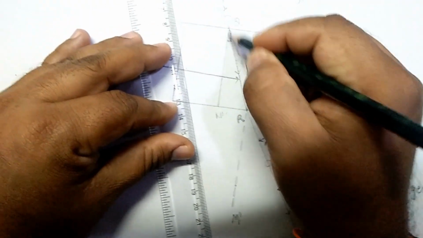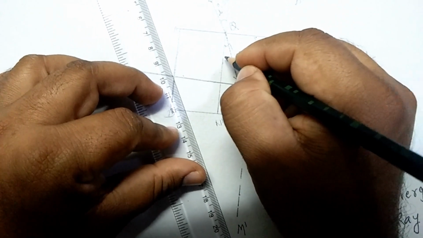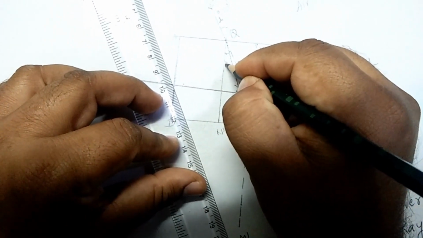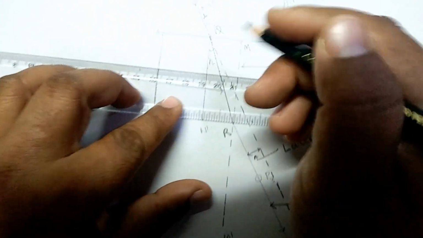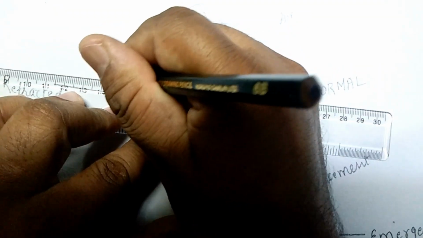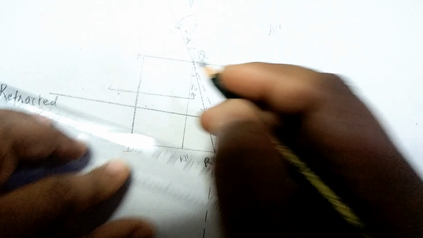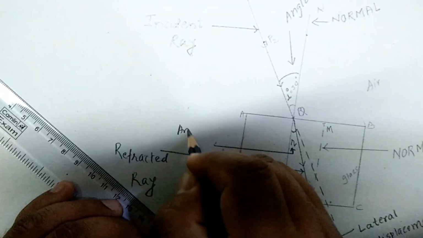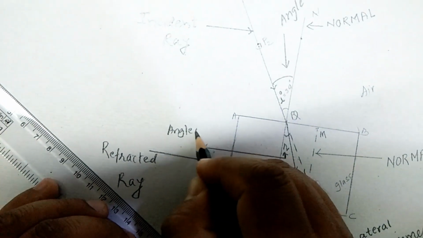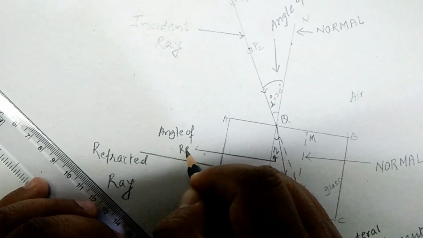That is normal, and the refracted ray makes an angle called small r, which I'm going to show, and this angle is known as angle of refraction.